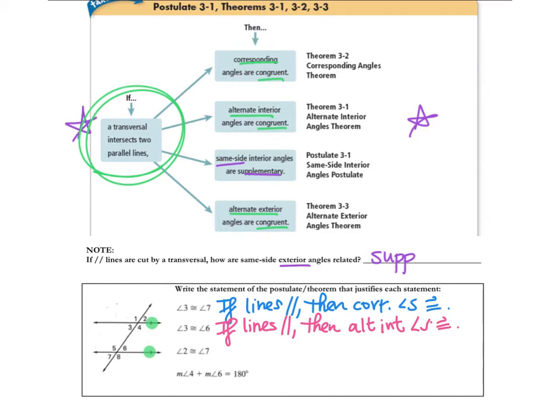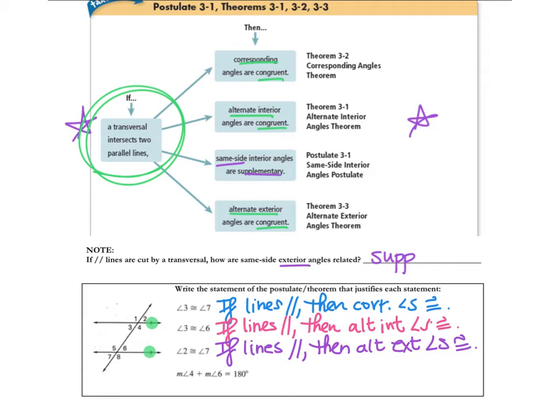Okay, how about 2 and 7? 2 and 7 are alternate exterior. Why are they congruent? Well, because if lines are parallel, then alternate exterior angles are congruent.